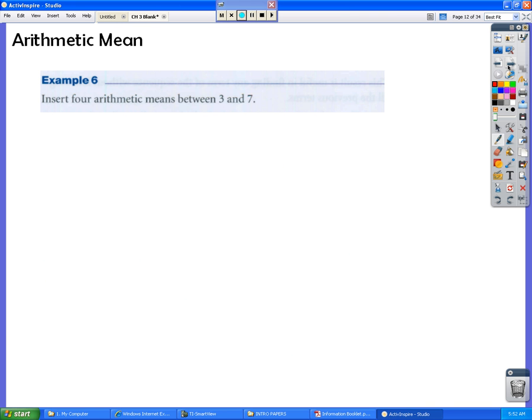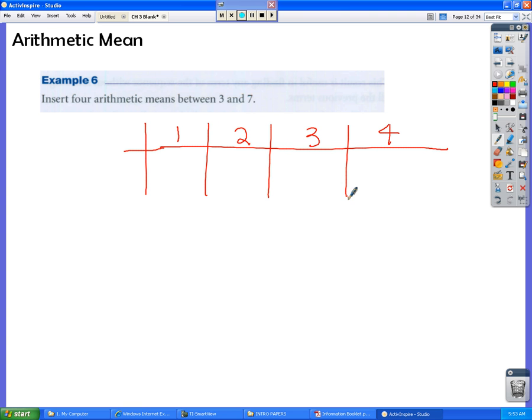Arithmetic mean. Insert 4 arithmetic means essentially means that given that you have the first, the second, the third, the fourth, you're going to find the terms in between 3 and 7 that would be an arithmetic sequence.